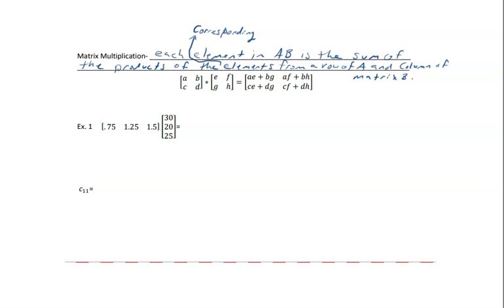Then there is an example here of a generic 2x2 times another generic 2x2, and you see that you get a row of the first times a column of the second. This is helpful because almost everything that we do with matrices is rows by columns. So when I give the dimensions, it is a 2x2, 2 rows, 2 columns.